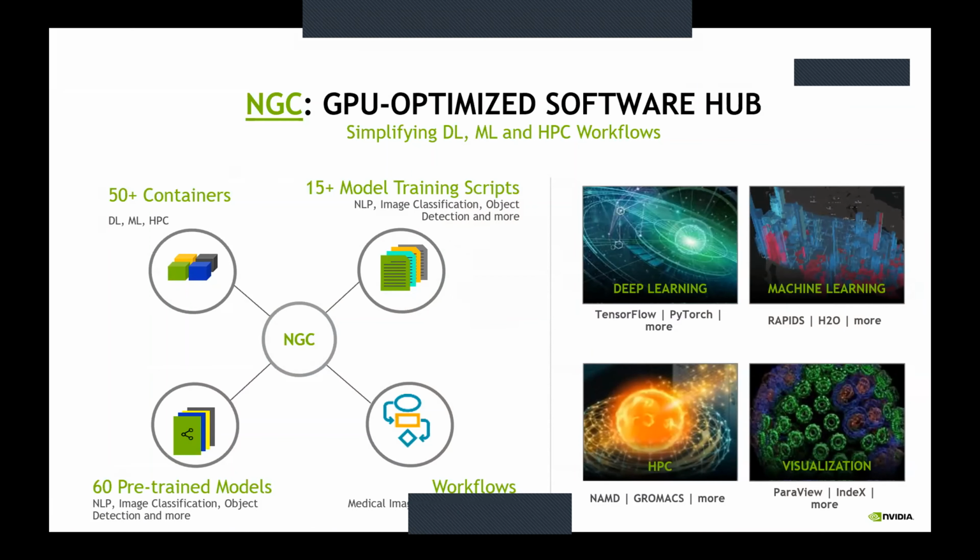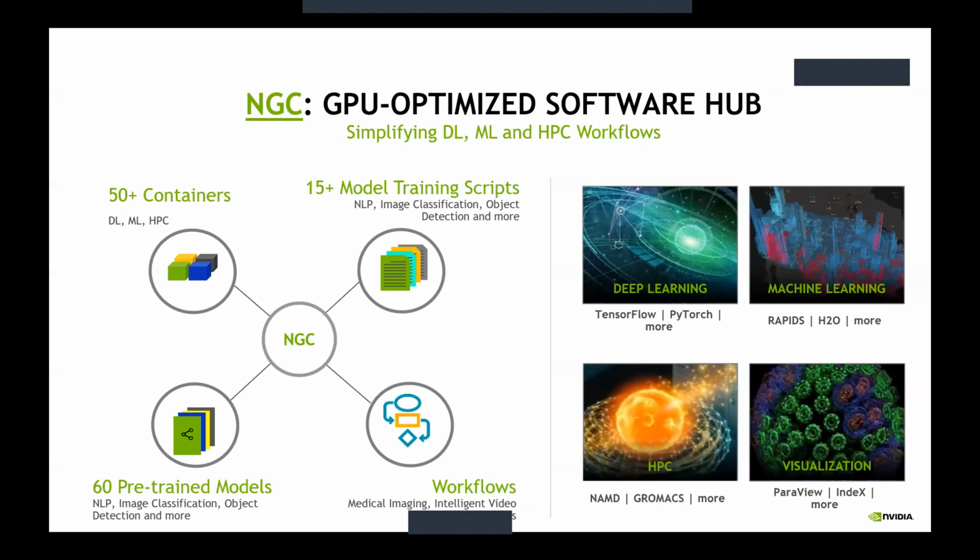As well as the major frameworks you'd have for deep learning like TensorFlow and PyTorch, it's worth noting that we have model training scripts to help get started with AI if you're interested in AI, example workflows for various applications such as medical imaging, and various pre-trained models which you can use to retrain for your particular area. So it's a very useful resource. It's all free to get access to.